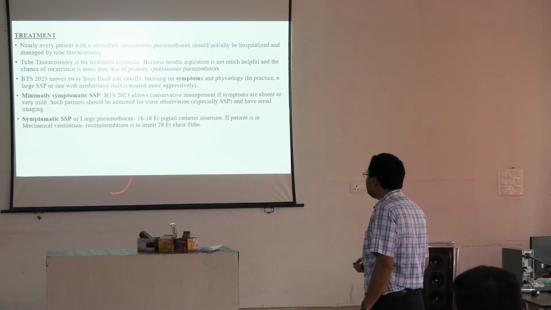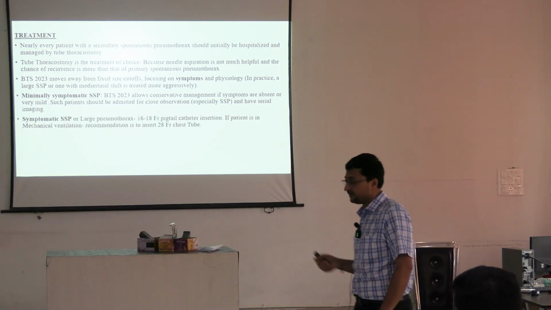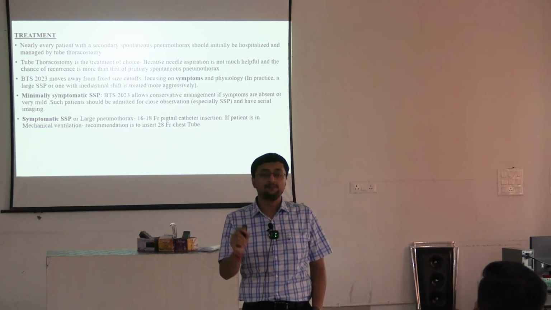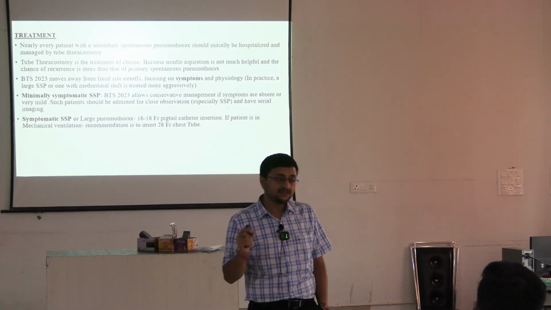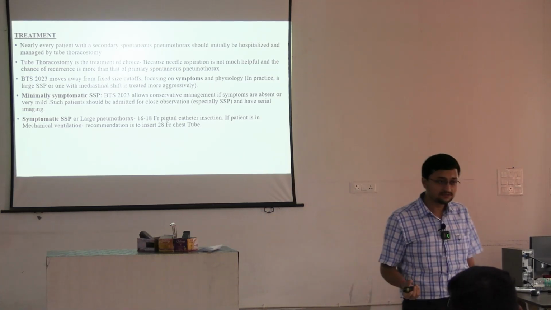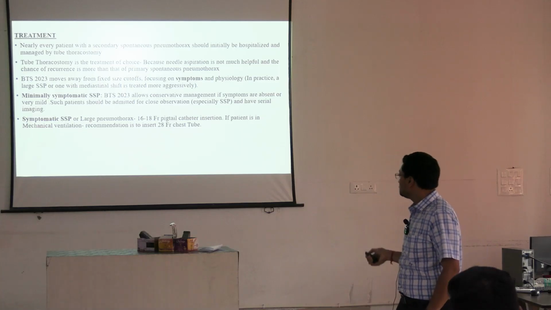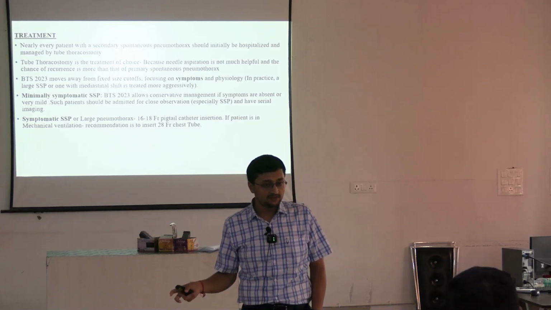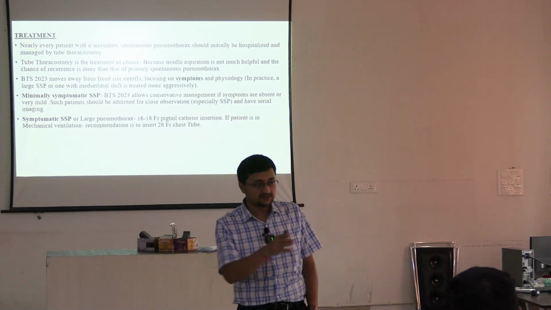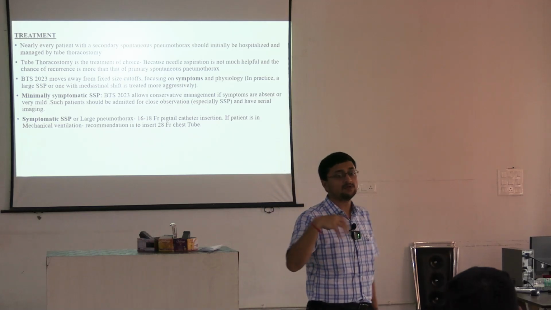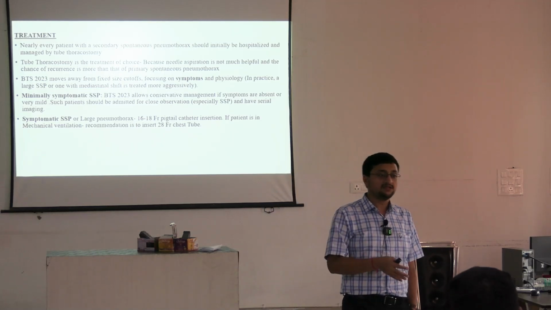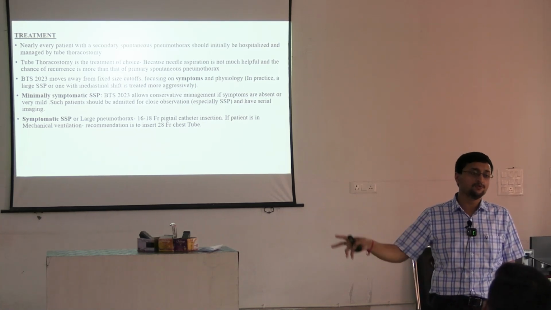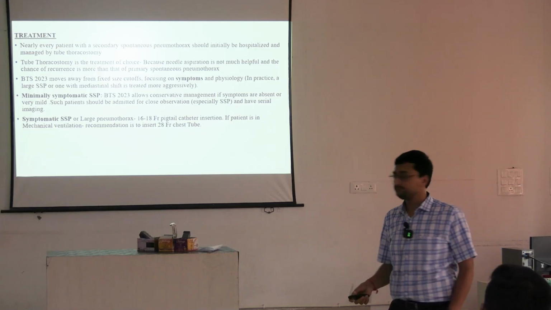But for minimally symptomatic secondary spontaneous pneumothorax, that means the pneumothorax size is less than 1 centimeter and the patient is not symptomatic, then BTS, British Thoracic Society, advises that the patient should be admitted and closely followed up, and after 2 to 3 days, if the patient develops hypoxia or any other respiratory symptoms, then you should order a repeat X-ray to see whether the pneumothorax has increased in size.